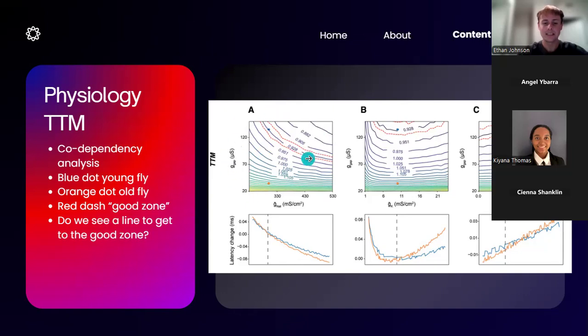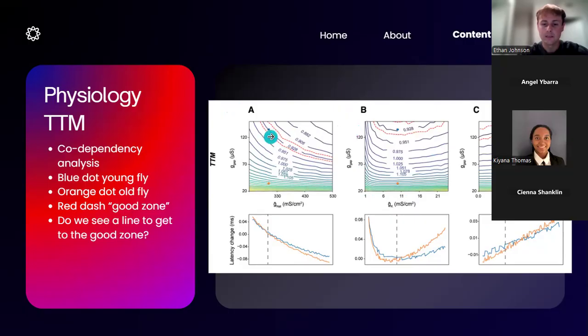So in these codependency plots, the gap junction conductance is going to be on the y-axis for all of them. And then we have different features down here. So this is for sodium, potassium, and then the leak. And we also see in these plots that we have a tiny blue dot in each of them.